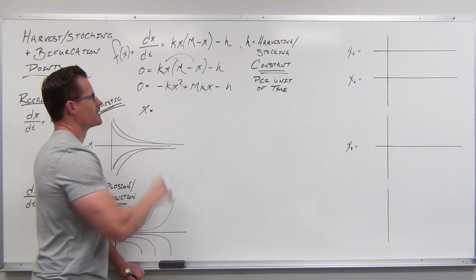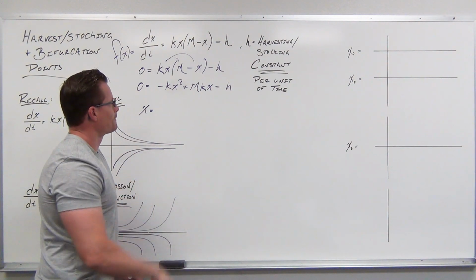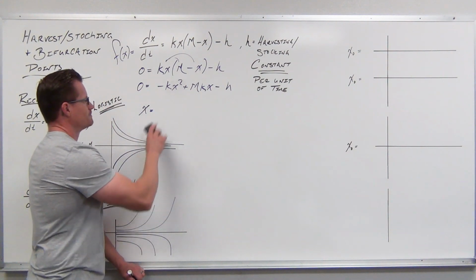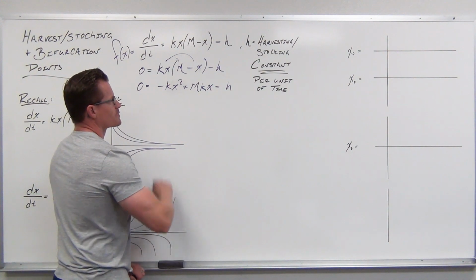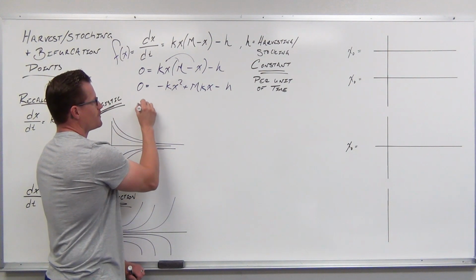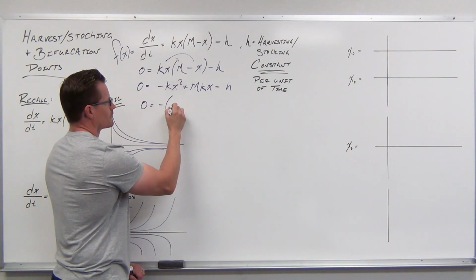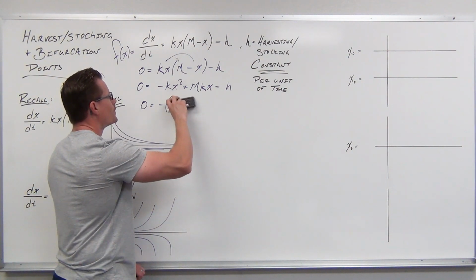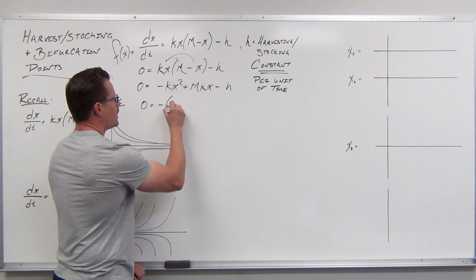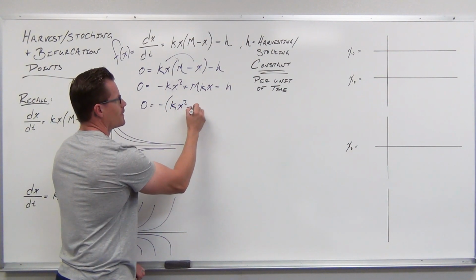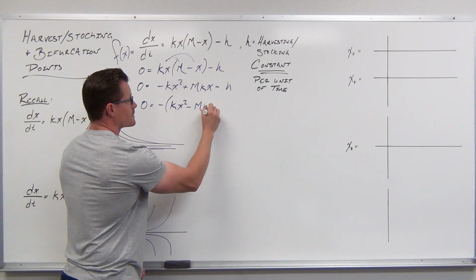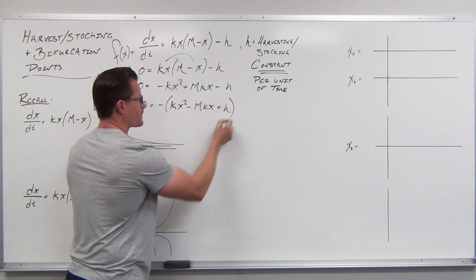and solve this. One thing I might do before, I might factor out that negative. This will make things a little bit nicer. So if I factor out this negative, and get kx squared minus mkx plus h.